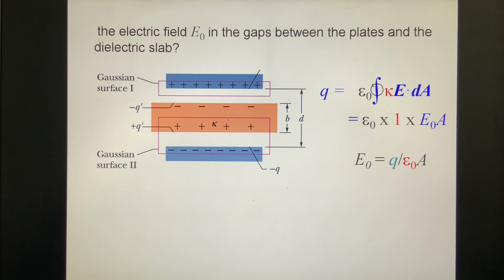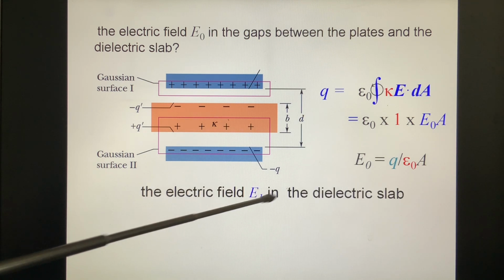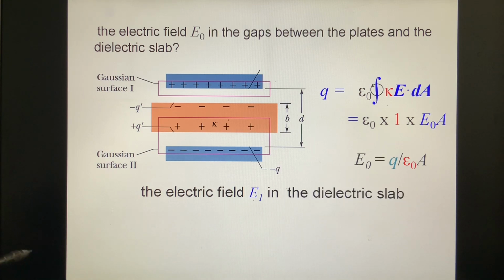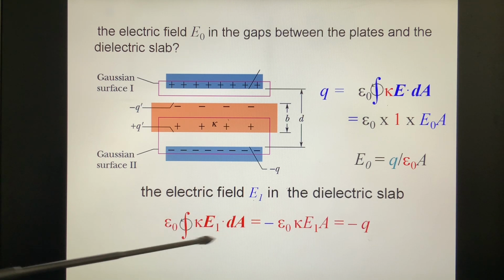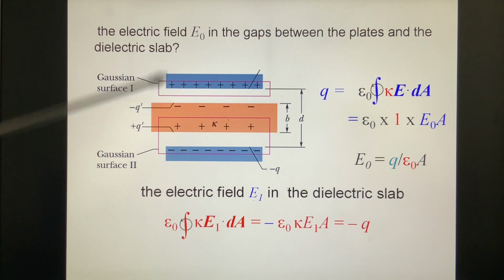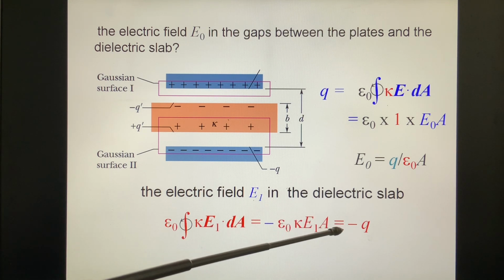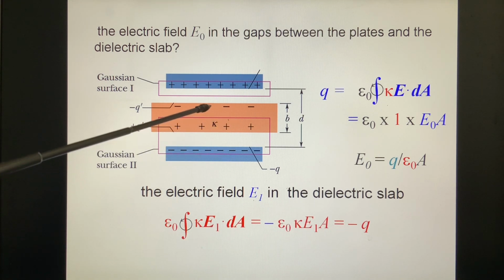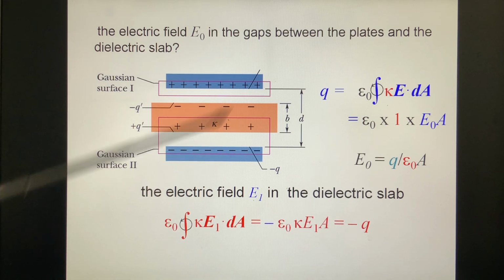Now, the electric field E1 in the dielectric slab: by the same reasoning, epsilon 0 kappa E1 A equals minus Q, because this is only free charge.